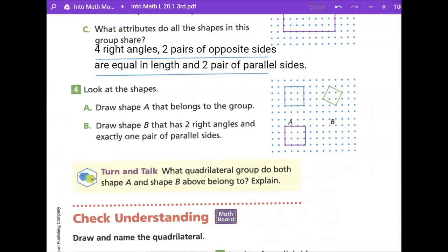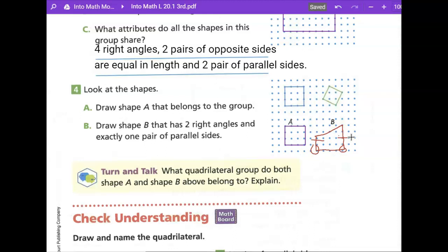Yes. It's basically a square, but cutting a corner, right? Okay. So it is a shape that has 2 right angles. Those are right here. And these sides are parallel to each other.